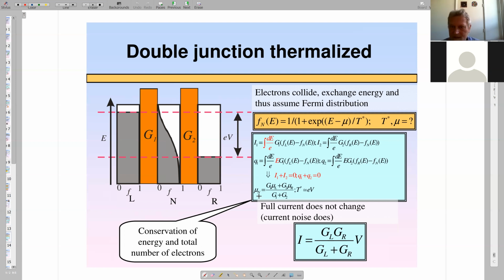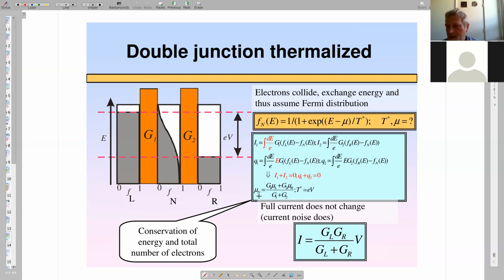They collide with each other, they exchange energy, and let us just assume a Fermi distribution, which is characterized by temperature and chemical potential. But it's not an equilibrium Fermi distribution, so we don't know yet this temperature and chemical potential. How could we determine these two quantities?